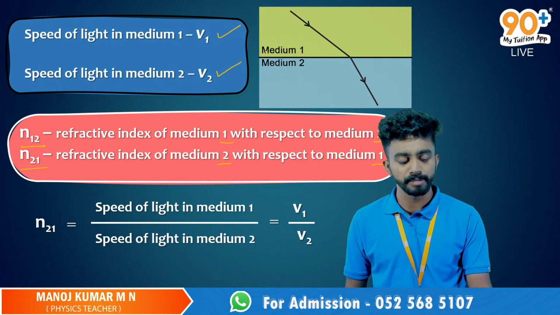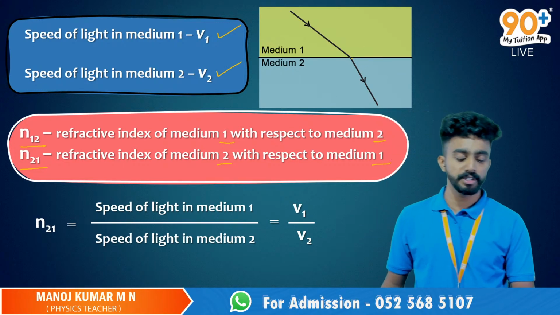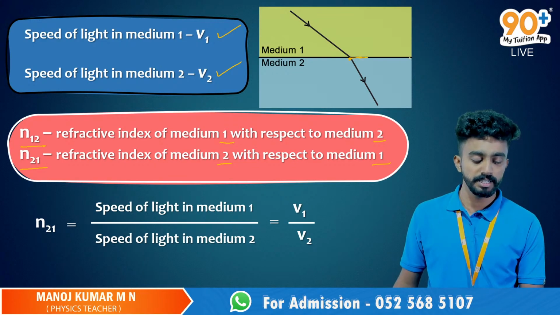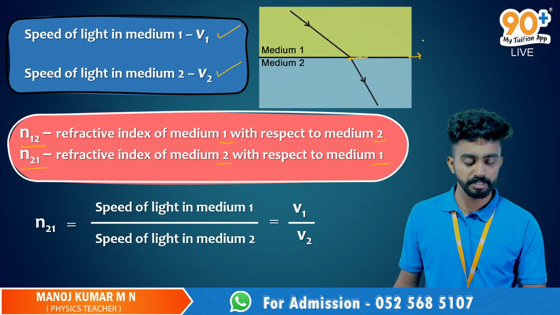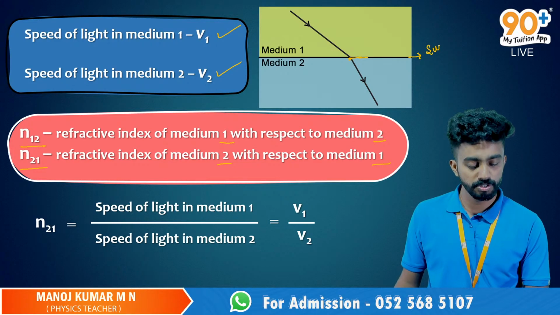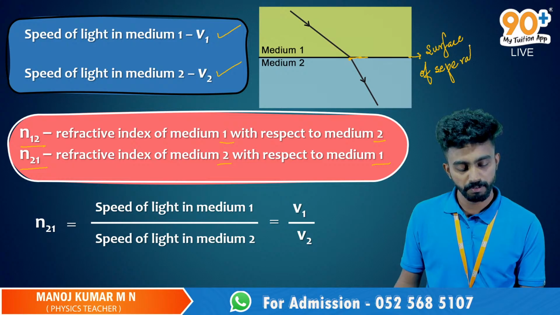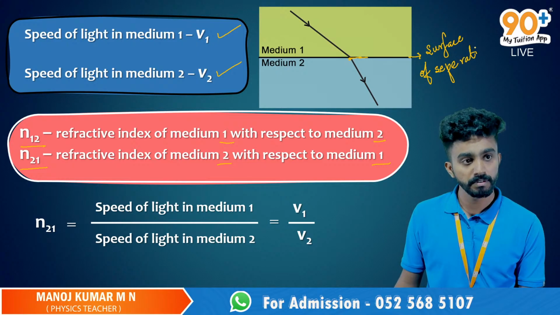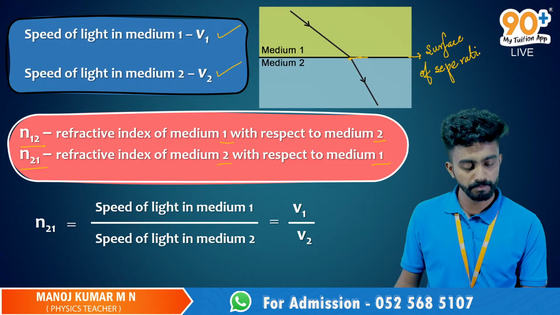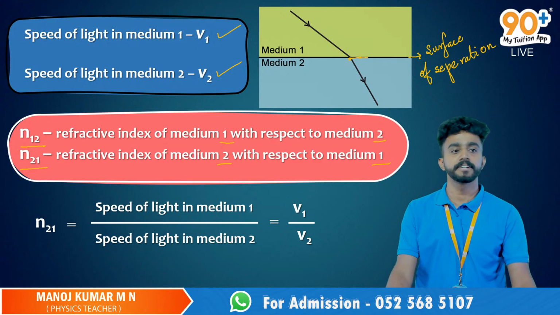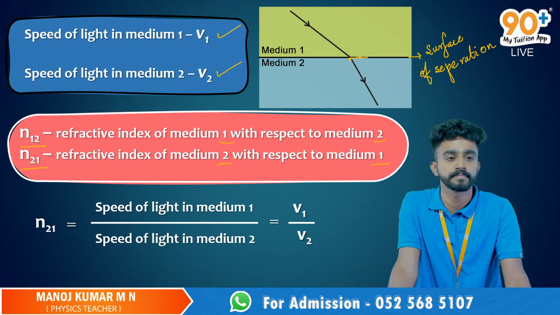Speed of light in medium 2 is V2. So over here you can see medium 1 and medium 2 are marked. This is the surface of separation.